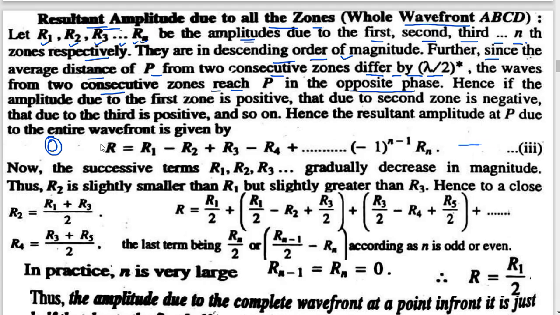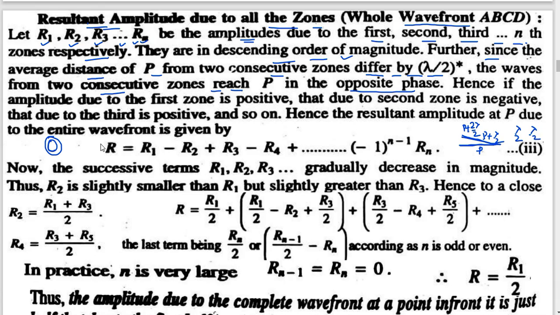The first line length is p, the second line is p plus lambda by 2, the third line is p plus 2 lambda by 2. For the first line the length is p, for the second it is p plus lambda by 2. What is the difference? The difference is lambda by 2. From second to third, the difference is also lambda by 2.